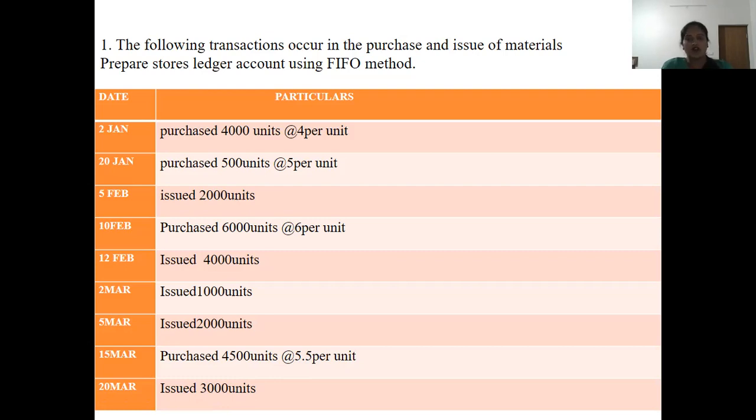But for the issues, only the units will be given. The rate per unit will not be given for the issues because we need to take the issue rate with the help of the purchased units. Now let us move on to the solution, how to do this problem.